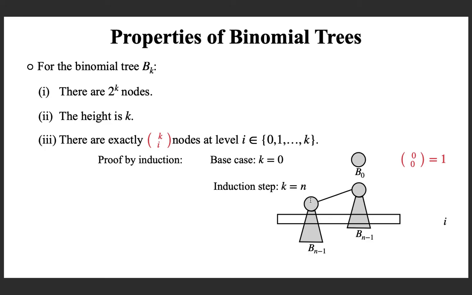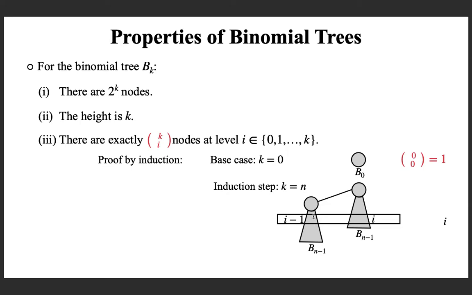So if you count from the root node of this binomial tree, this is level I minus 1 for that particular tree. Okay, because I minus 1 plus 1 is level I. Here there is no such edge, so it is I here. So this is level I in this particular tree, and if you look at this individual binomial tree, this is level I minus 1.